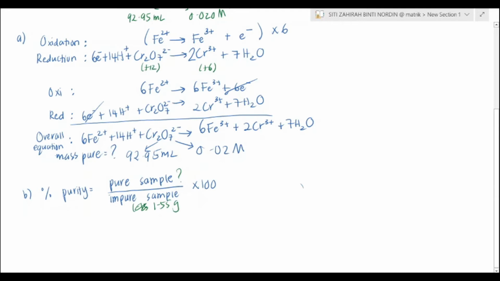Can you find the mole for Cr2O7 2 minus? Yes. Okay, and then you can compare it to the mole of Fe2 plus.